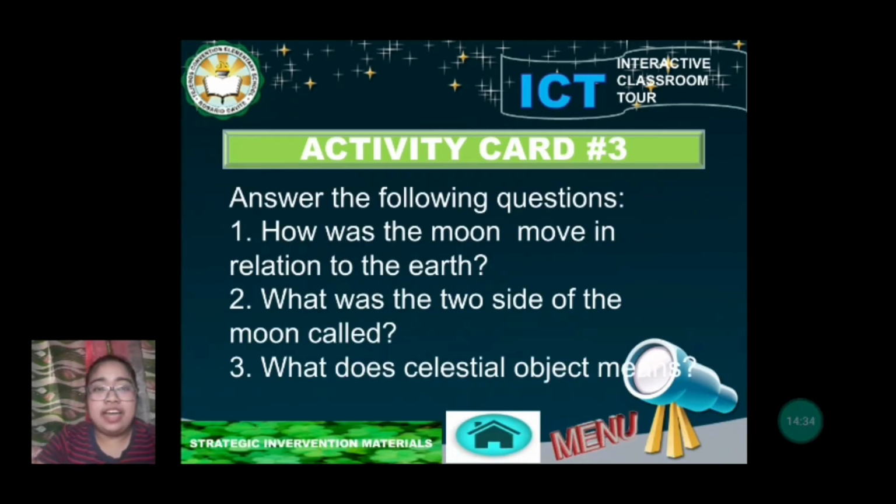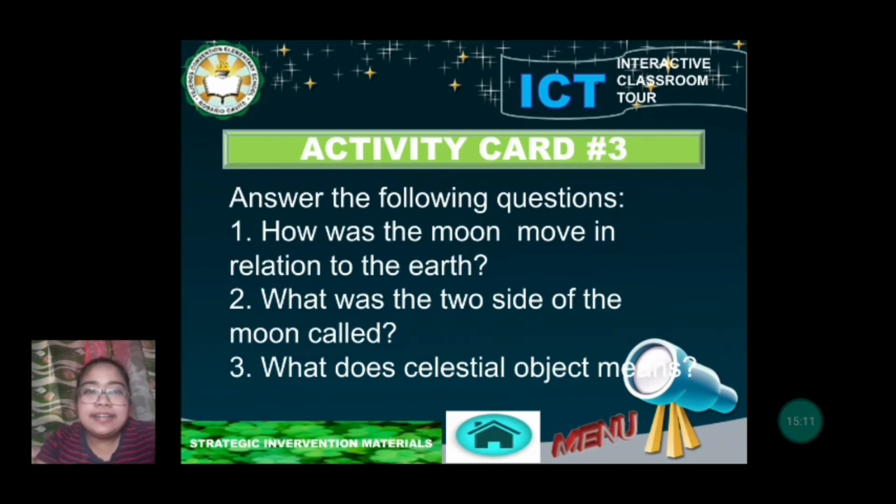So, answer again these questions on a sheet of paper. For number 1, kids, how does the moon move in relation to the earth? For number 2, what are the two sides of the moon called?